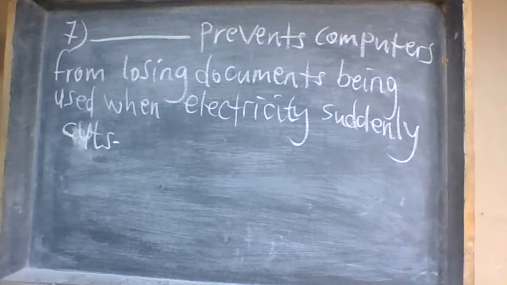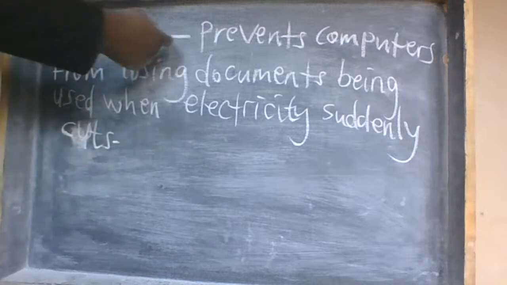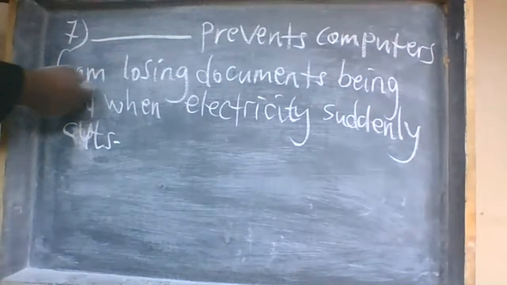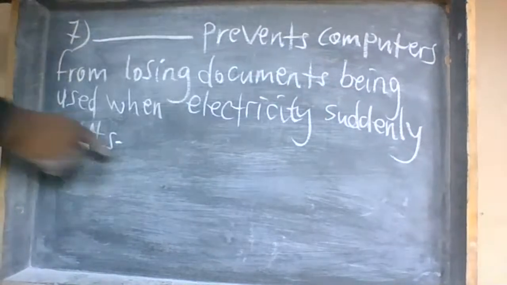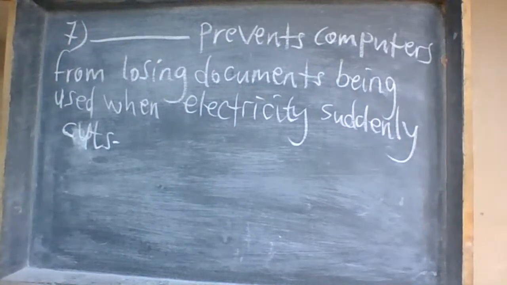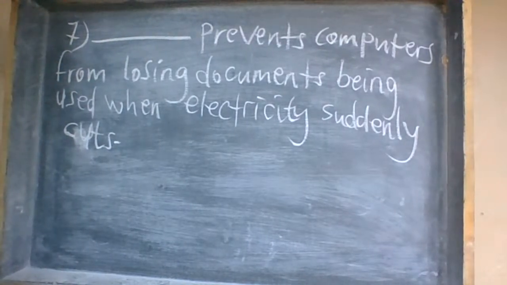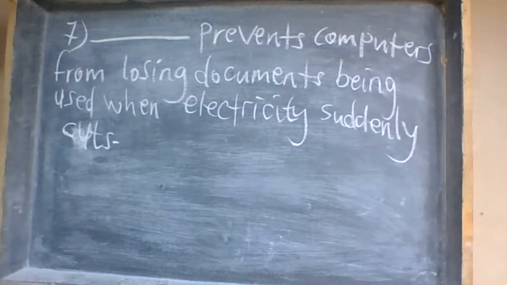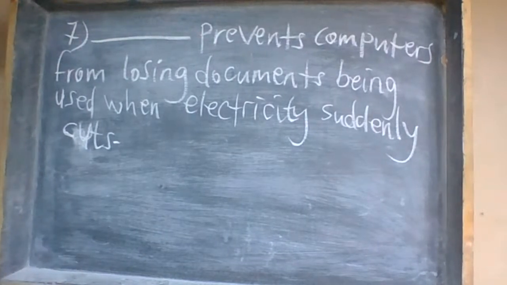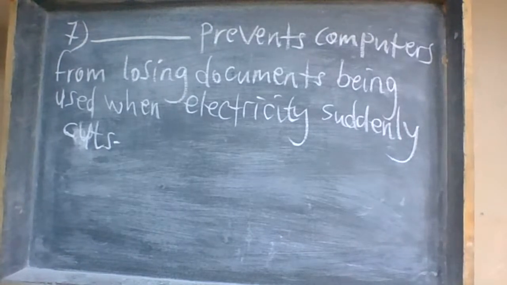So, dash prevents computers from losing documents being used when electricity suddenly cuts. You are on the computer system and you are busy typing your schoolwork, your assignment, your exercise, your homework, whatever you are doing, or maybe you are making a certain graphic using perhaps a Microsoft Word document.